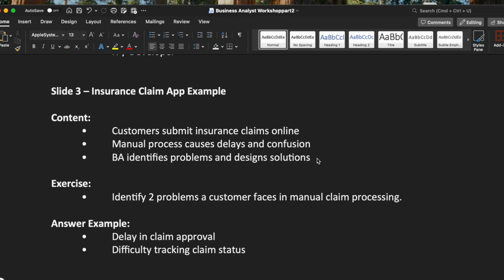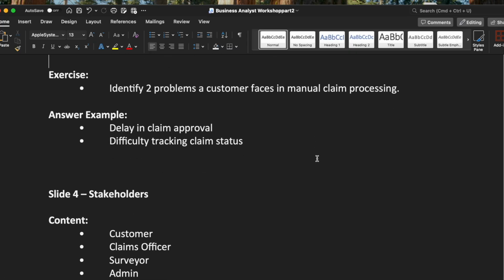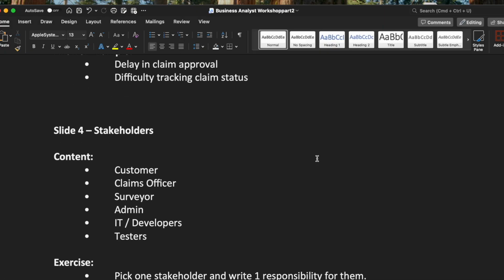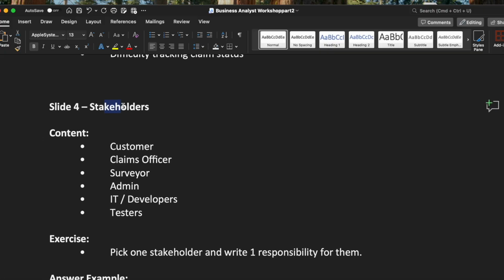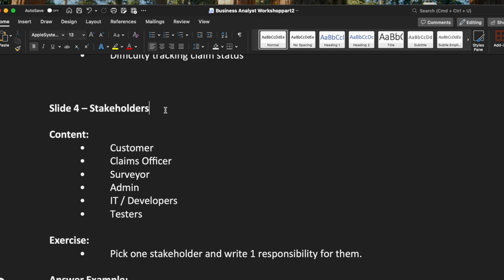We discussed stakeholders, but I want to ask your opinion. Do you know what a stakeholder's responsibility is? Let's say you go to a meeting, and you are new to the project. There are 4 or 5 people invited to the meeting, so you don't know whom you should talk to for approval.